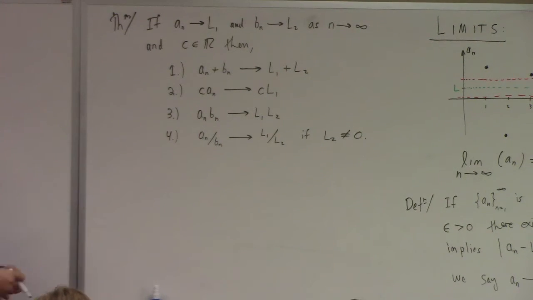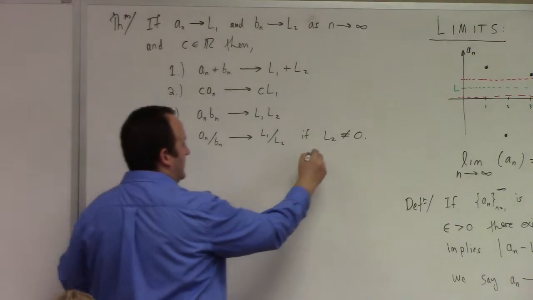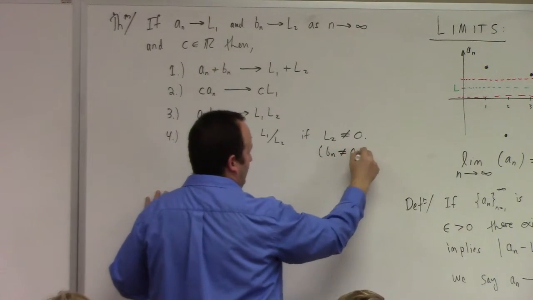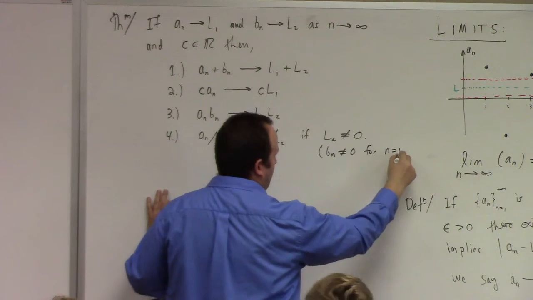To be careful, I should also assume b sub n is not equal to 0 for n equals 1, 2, and so on.